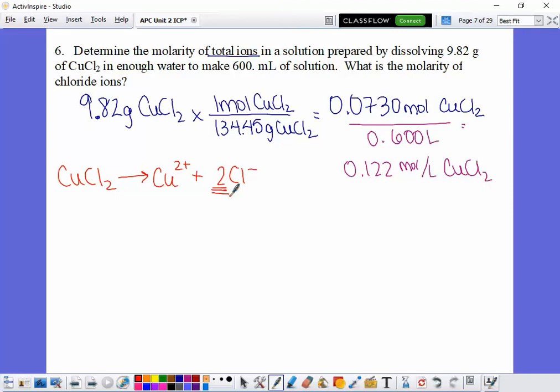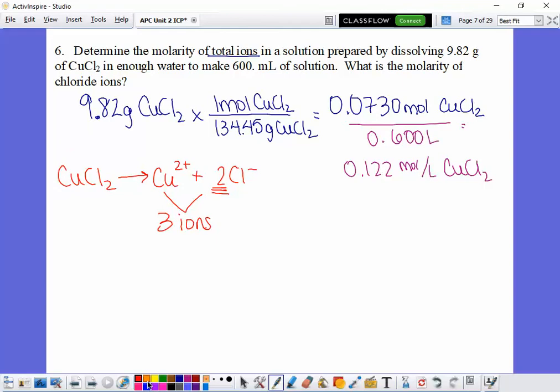So how many total ions does this dissociate into? 3. It dissociates into 1 Cu2+ ion and 2 Cl- ions. So that's 3 ions per one of these.